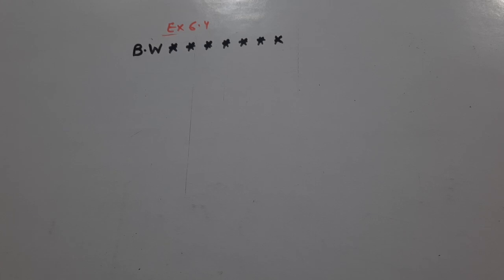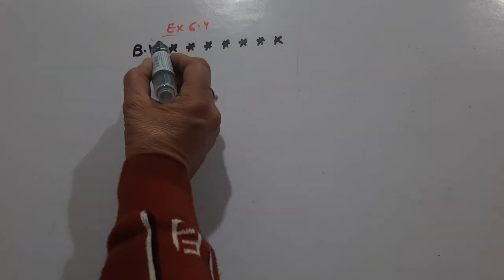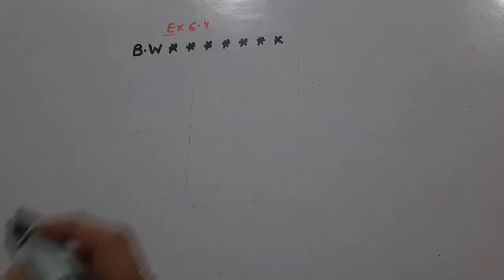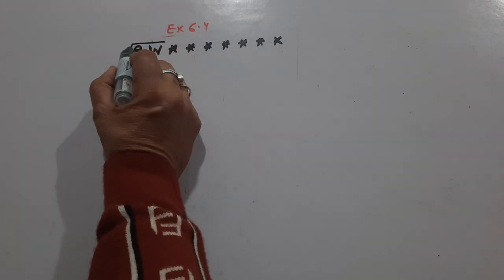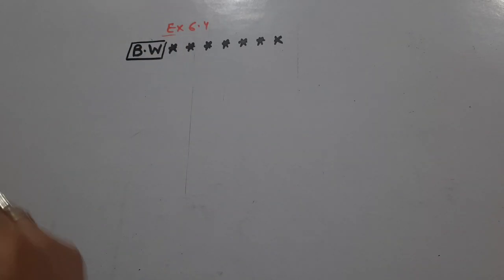First of all, what do we do? We find in how many ways 9 examination papers can be arranged among themselves. Then we find the number of ways in which the best and worst papers come together.